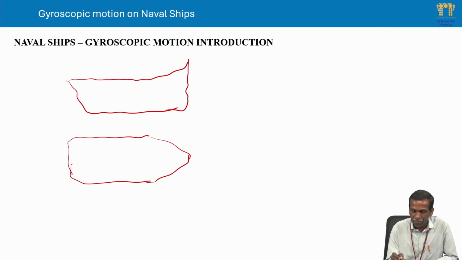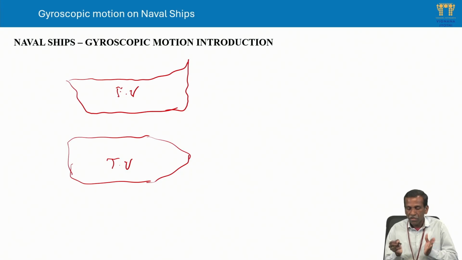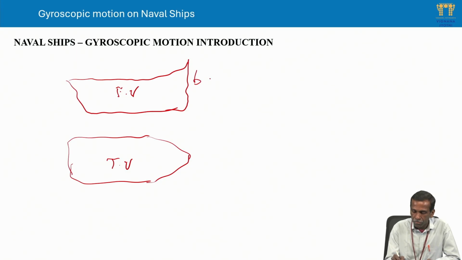You might have understood. Then the terminology: this is the front view, this is the top view. The front end of the ship, as you observe in the front view, is called the bow, B-O-W, and the rear end of the ship is called the stern or aft, S-T-E-R-N, or A-F-T.